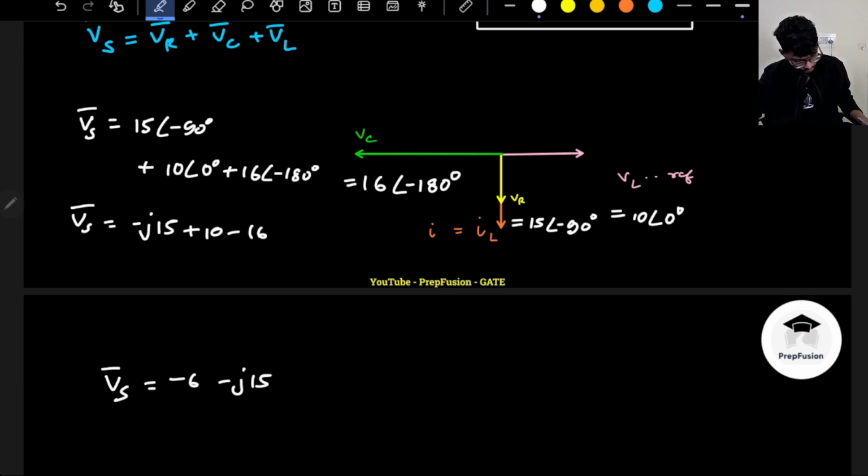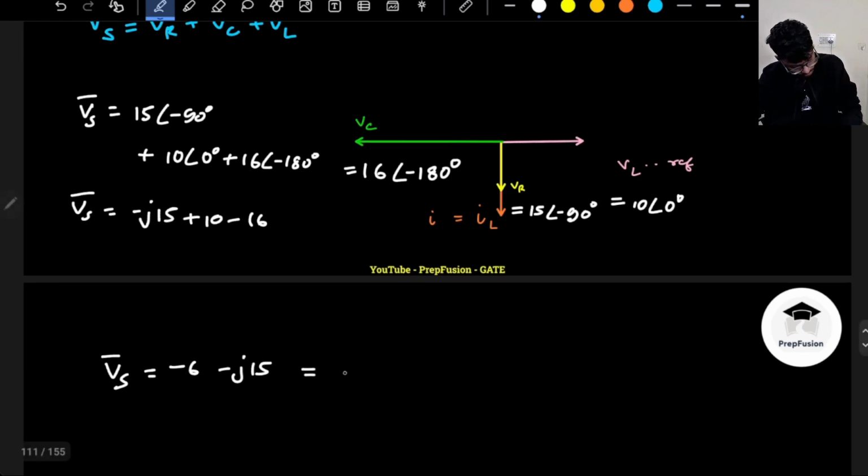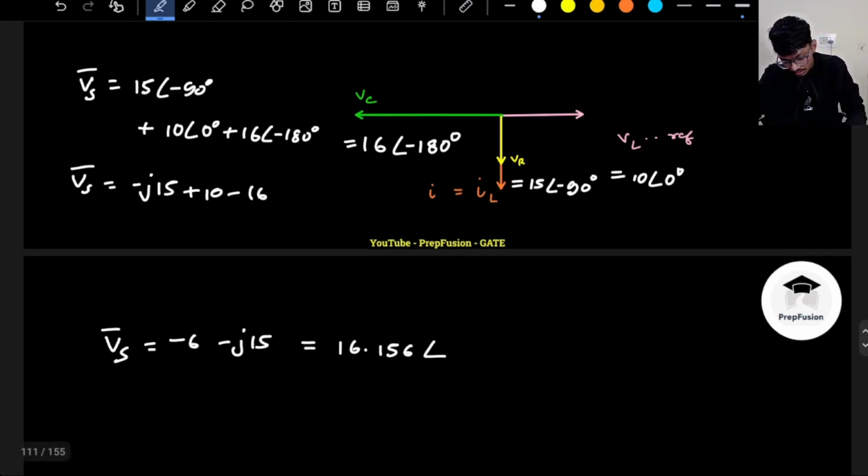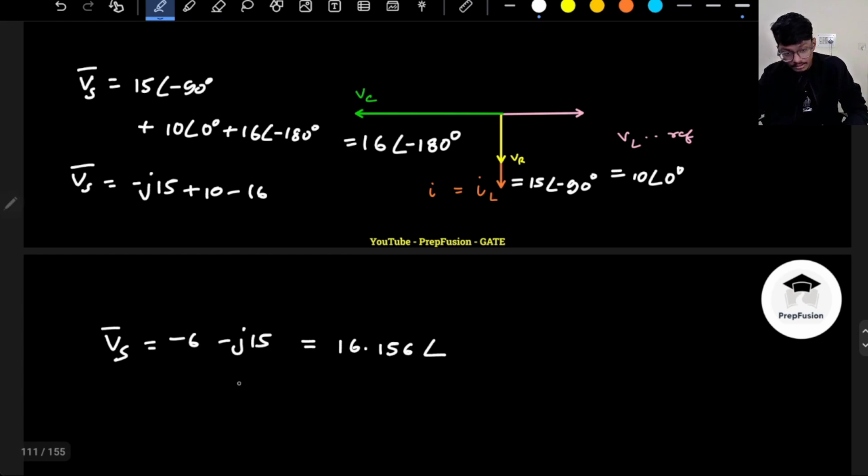The magnitude is the square root of 6 squared plus 15 squared, so this will be 16.156. What will be the angle? This is in which quadrant? Negative, negative. This is in the third quadrant. And the angle in the third quadrant is 180 plus theta.